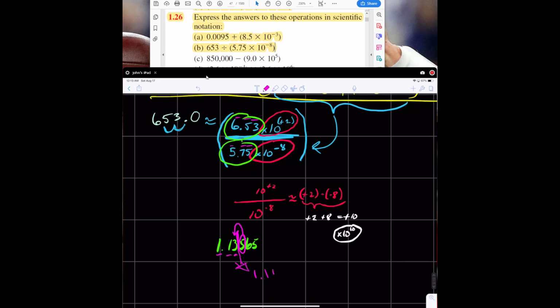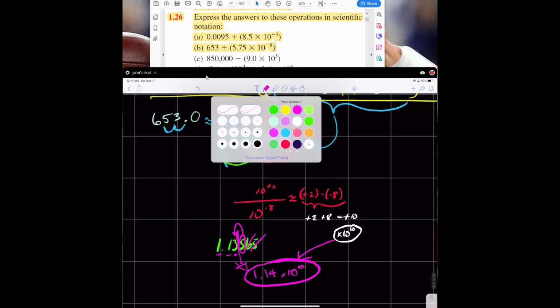And it's going to become 1.14. Okay? And we can forget about these digits. So then we can bring the times 10 to the 10 power, and that completes our answer. Okay, that's our final answer.